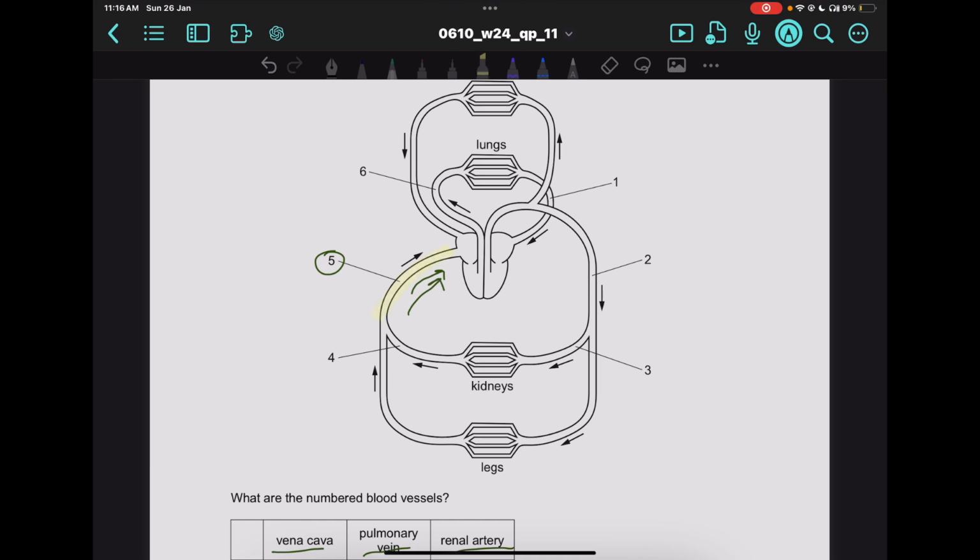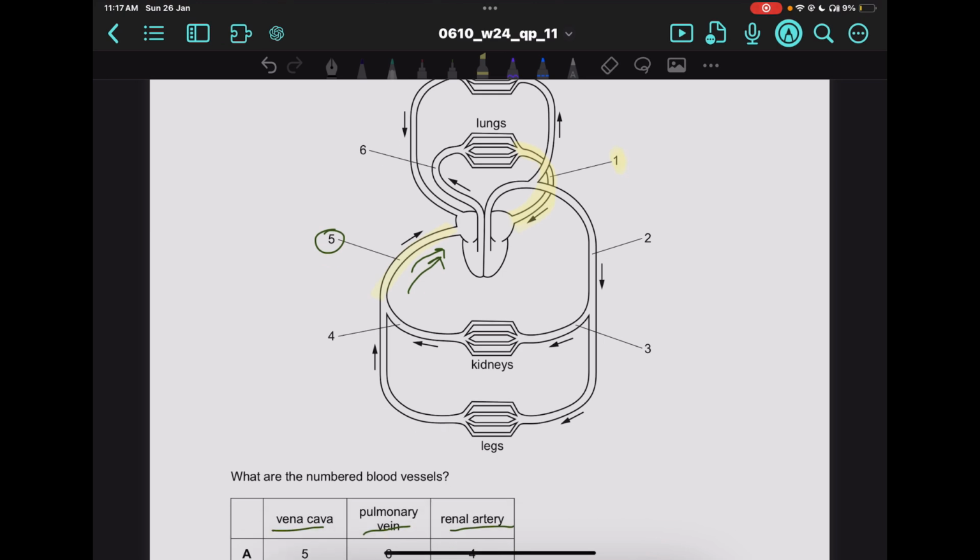Now, for the pulmonary vein, it is the vein that is going towards the lungs. So this is actually number 1, going from the heart to the lungs. For the renal artery, this is the artery containing oxygenated blood going towards the kidney.